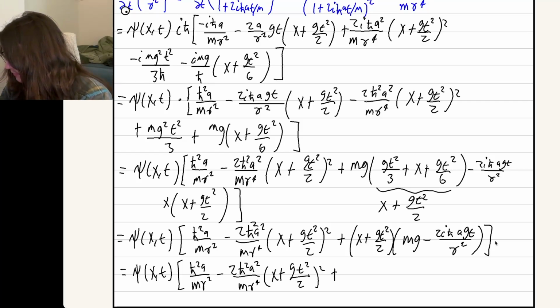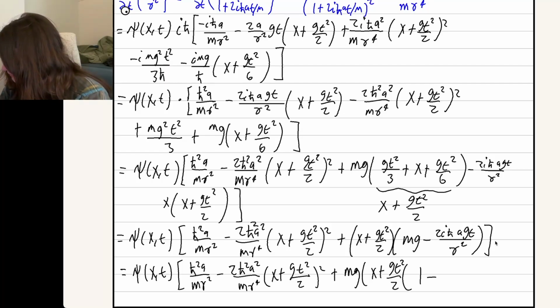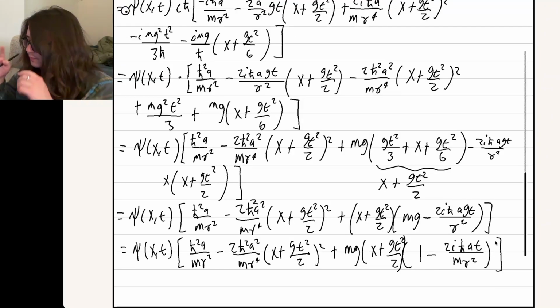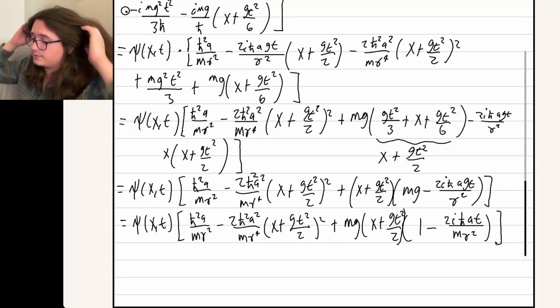So we're going to get m g times x plus g t squared over 2 minus 2i h bar a t over m gamma squared. There's supposed to be another parentheses here, but that'll do us. That's a perfectly sensible way to write the result.